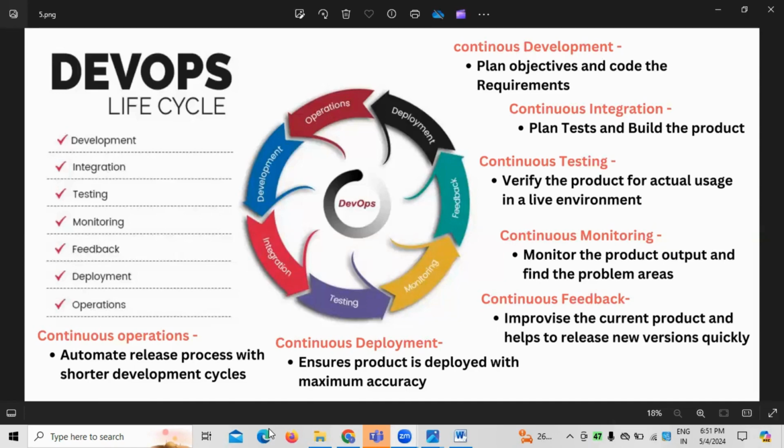For example, if you are a Java developer earlier, and now you want to extend your career, you have to be a full stack developer. Full stack developer means you must have experience in doing some front end, back end, middleware, everything, right? That's what we call full stack development.